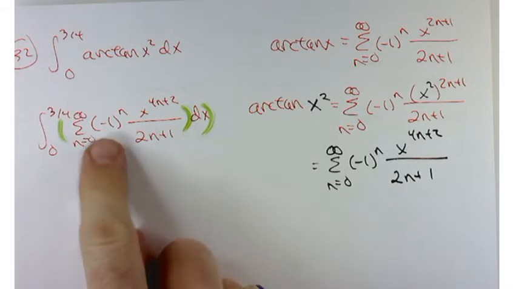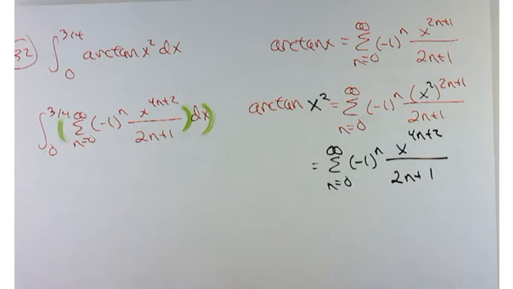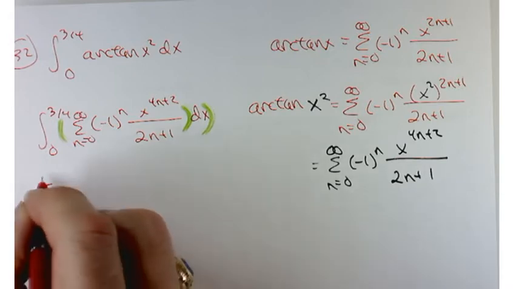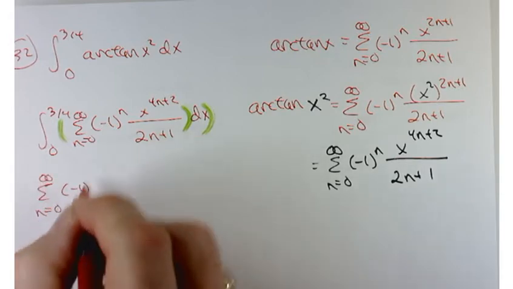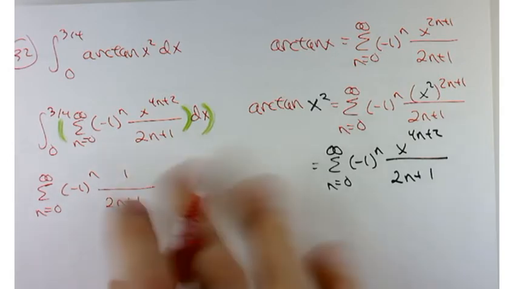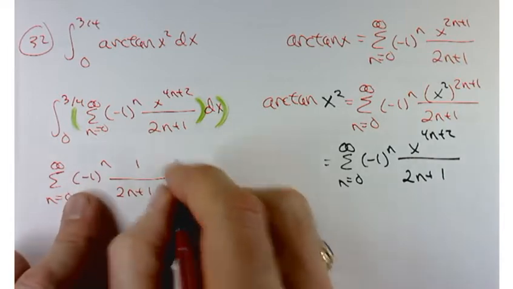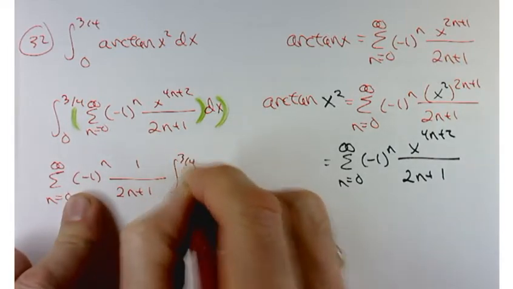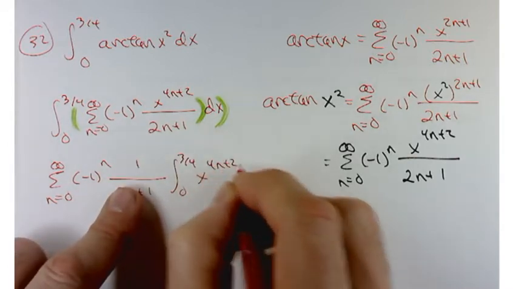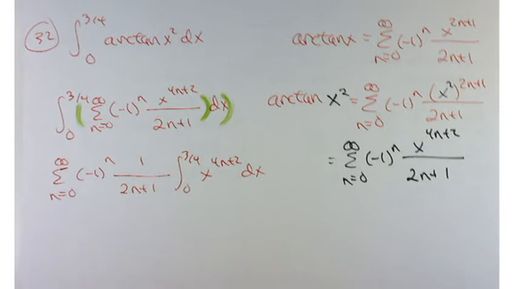Now, the stuff that doesn't involve the x, I can pull outside. Pull it out in front of the integral. So, what happens there? That's going to become the sum from n equals 0 to infinity of -1 to the n, 1 over 2n plus 1, times the integral from 0 to 3/4 of x to the 4n plus 2 dx.